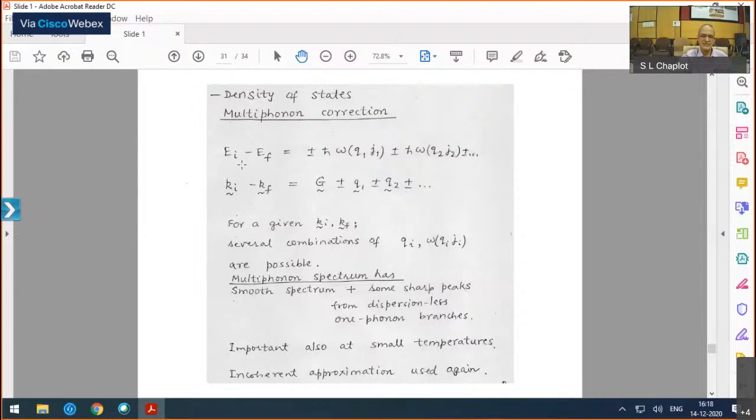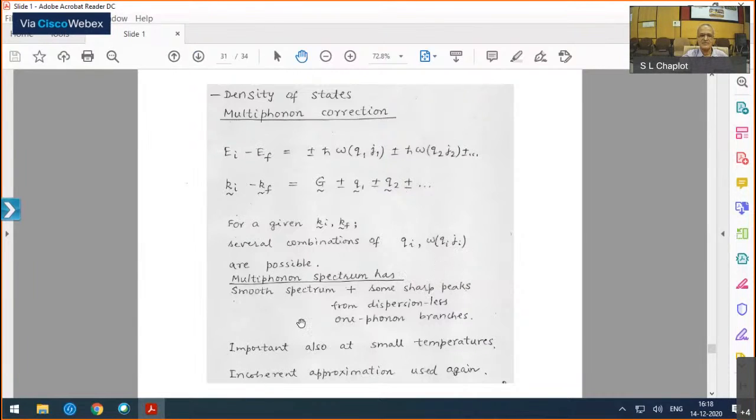The energy change, the neutron energy transfer, could be not just one excitation, it could be more than one excitation. And the wave vector also is correspondingly like this. So that means for a given Ki and Kf, there are several combinations possible.